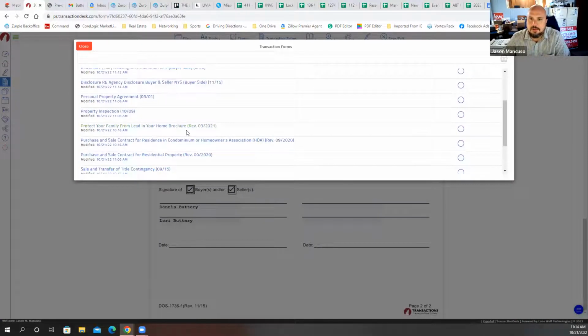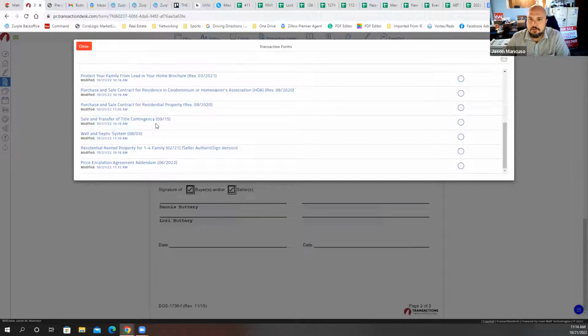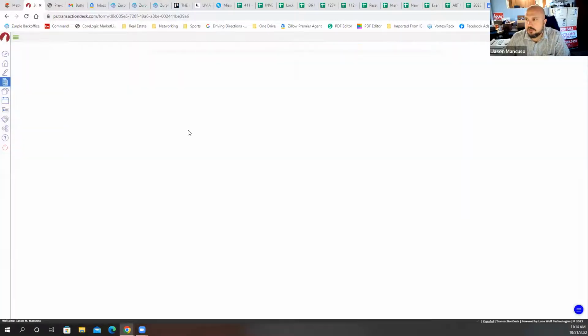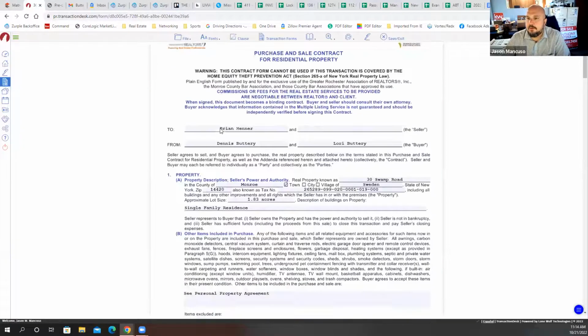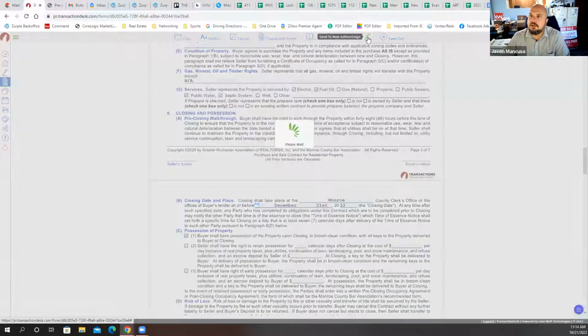So now what I like to do is go back to, where is it? The regular purchase contract and kind of make sure everything's the way I want it to. And once it is, then we get to Authentisign.